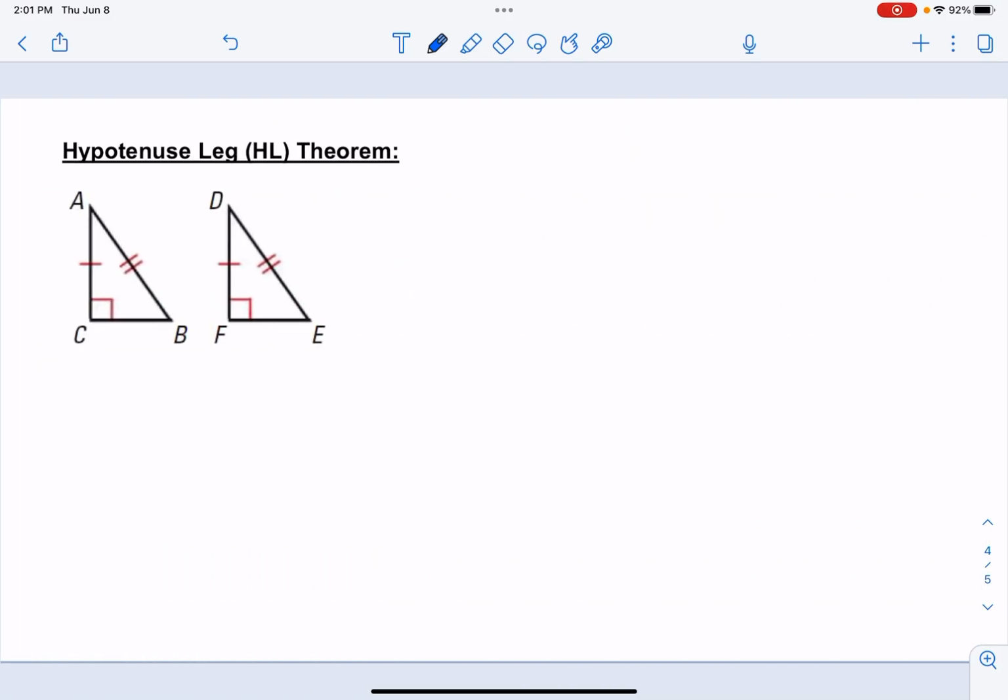And then we have a last one, and this is hypotenuse leg. I'm going to highlight this. Hypotenuse leg. The only type of triangles that have a hypotenuse are right triangles. So this is right triangle specific.